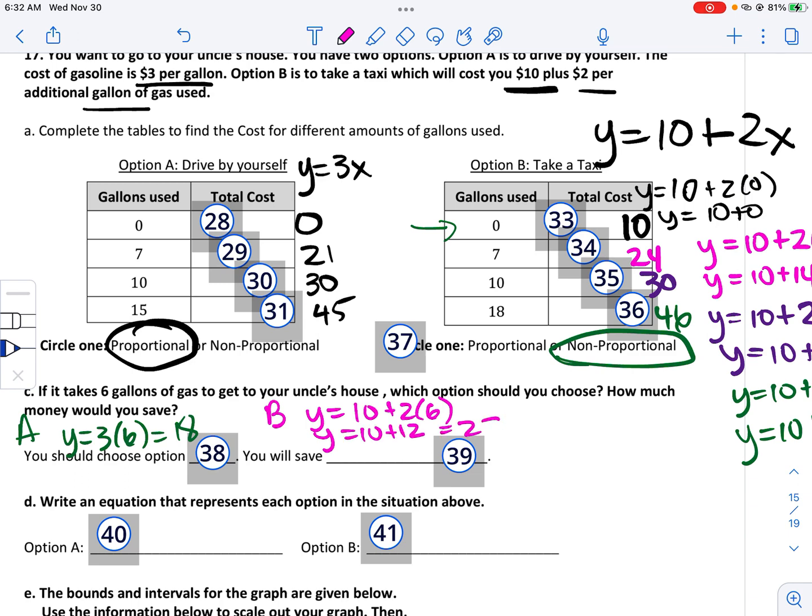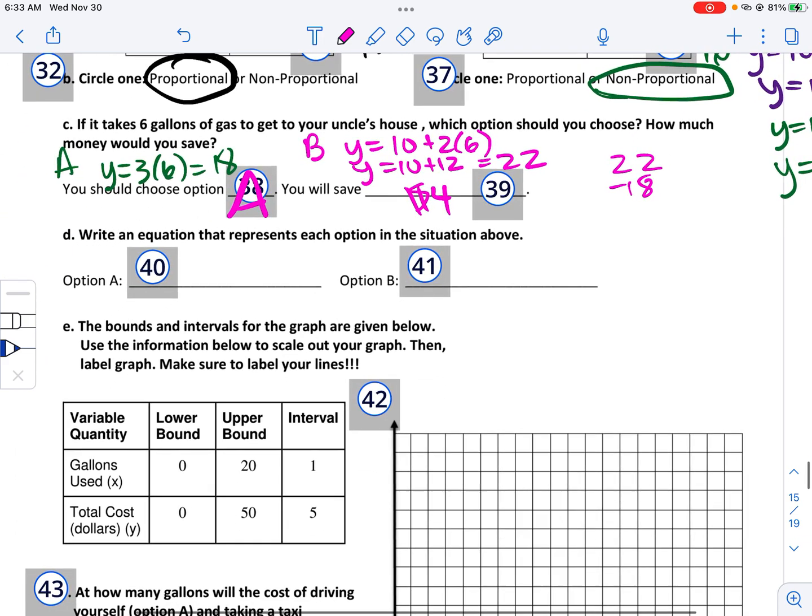That would be 22. Which one's cheaper? A is cheaper. How much would you save? 22 minus 18? You would save $4. Write the equation. We actually already wrote the equation. Y equals 3x. Y equals, and I'm going to write it correctly.